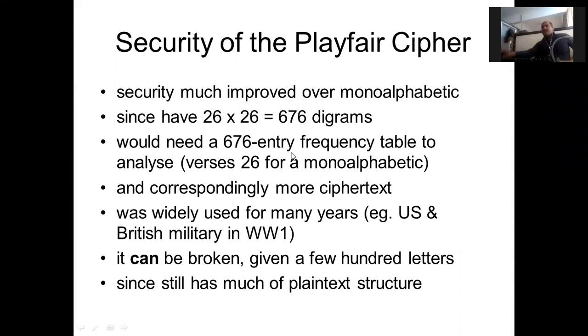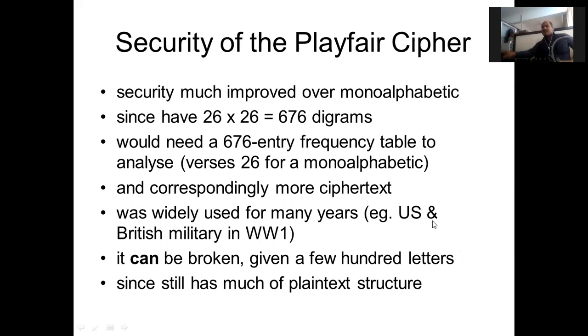We would need a 676-entry frequency table to analyze, versus 26 for a monoalphabetic, and correspondingly more ciphertext. It was widely used for many years.